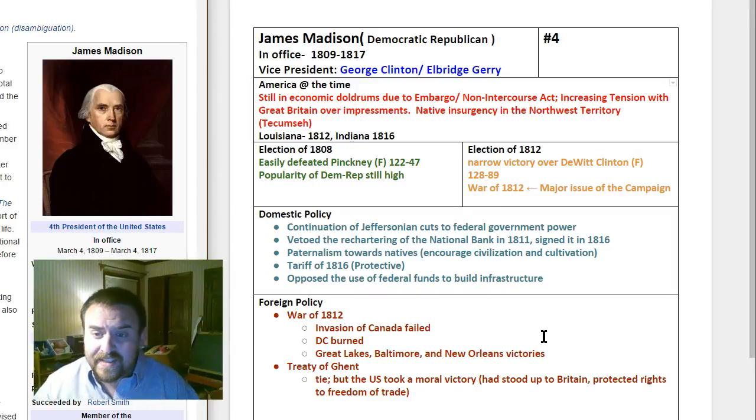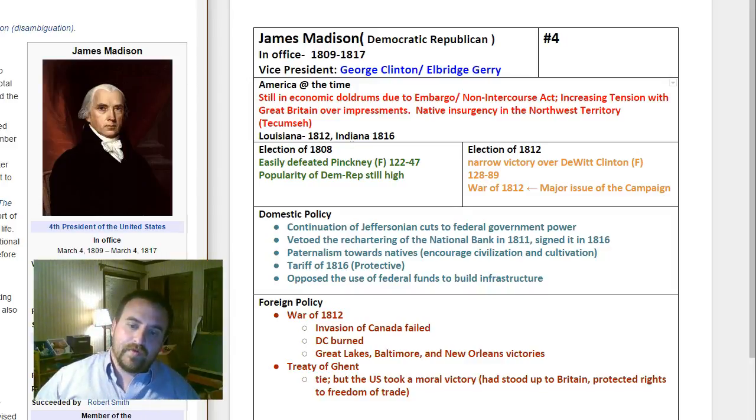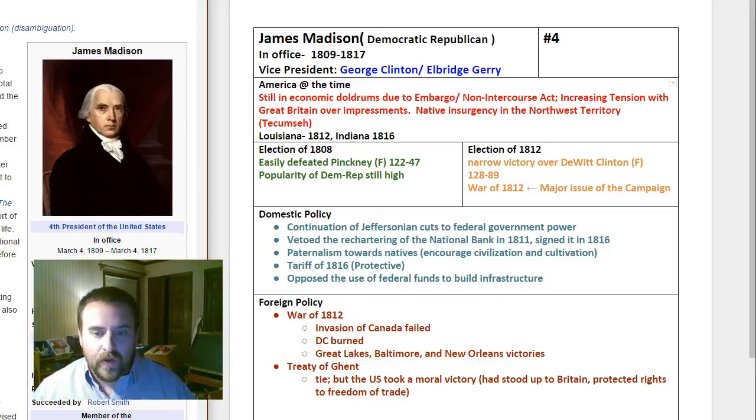The Tariff of 1816 is going to be passed during Madison's administration, right at the end, but it's still Madison's administration. So this is where Madison is, he is a Democratic-Republican, but he does kind of see an expanding scope for the federal government as well. The Tariff of 1816 is the first protective tariff that the United States will have.